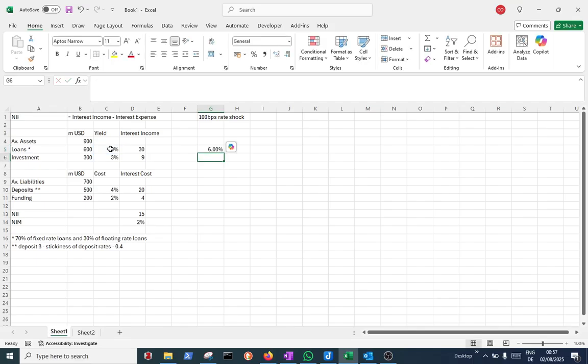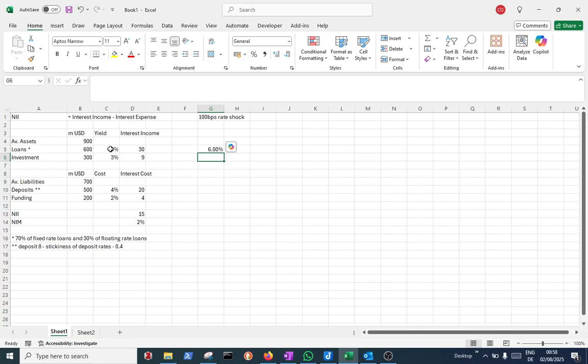For investment as well. We make loans and get interest from them, and we also invest our money in similar instruments which also want to gain money.